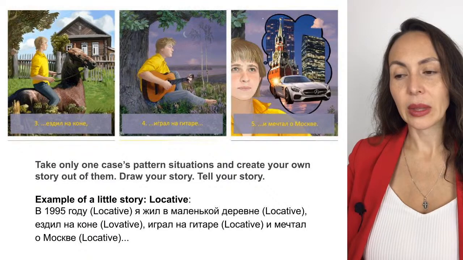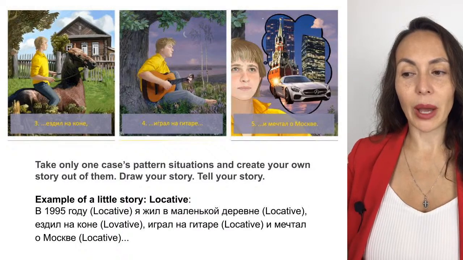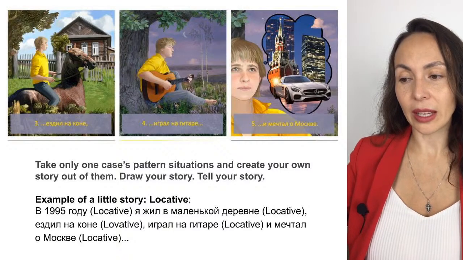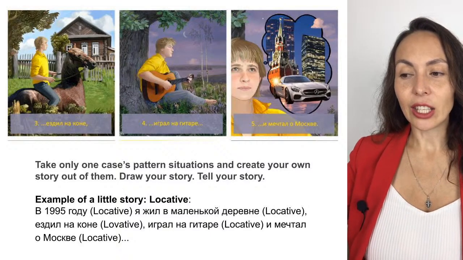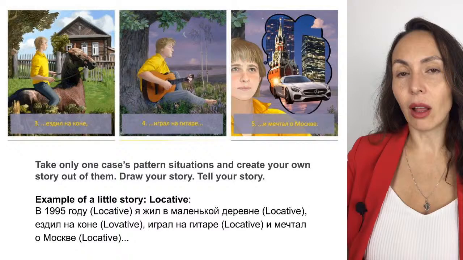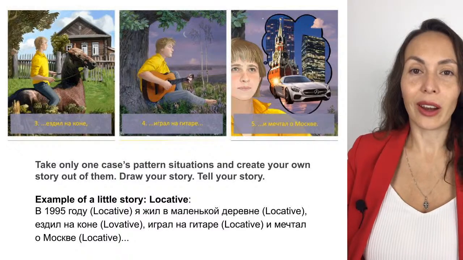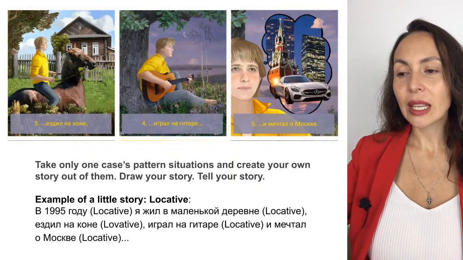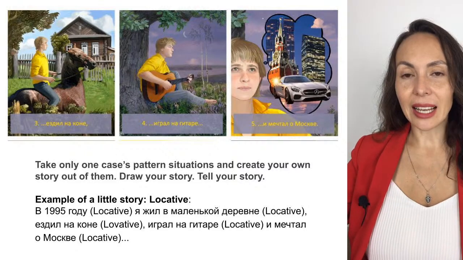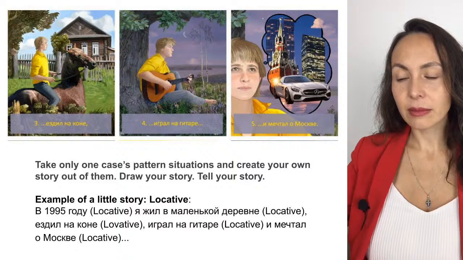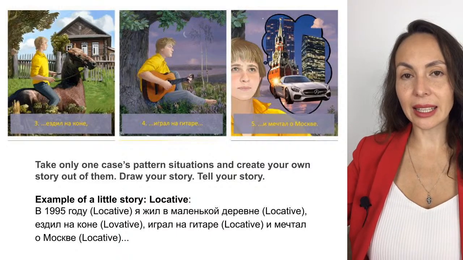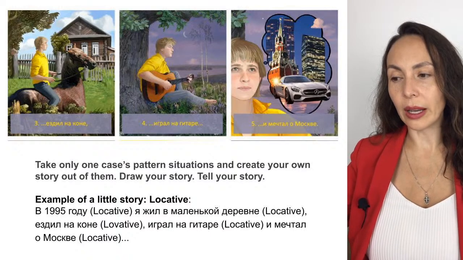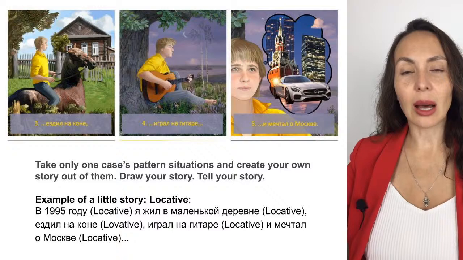В 1995 году, locative because it's a year, я жил в маленькой деревне, locative because it is location. Ездил на коне, locative. Играл на гитаре, locative. We've just said why. И мечтал о Москве. And this is locative.